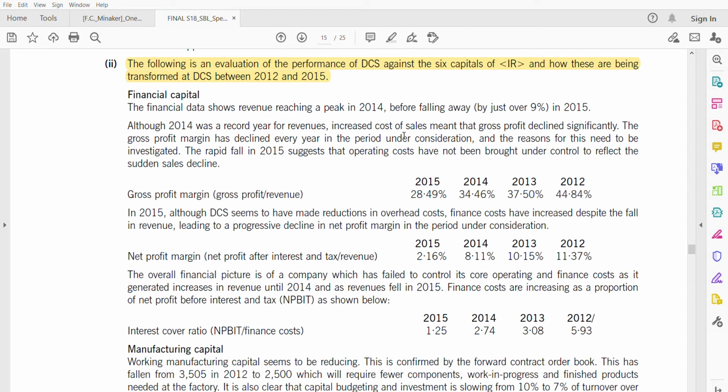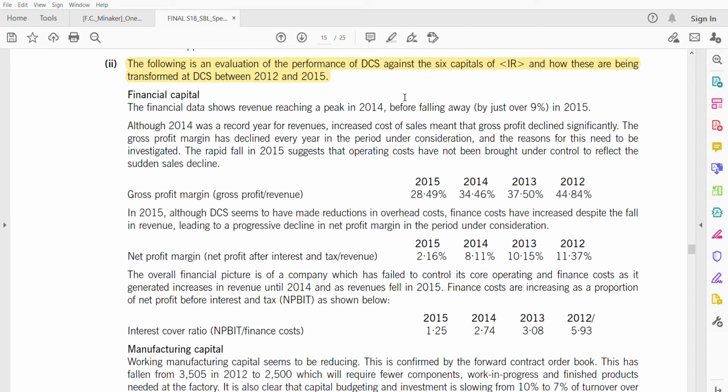With numbers, you can just calculate and write. It's easy to work with numbers. So always try to finish the number part first. That's why here they have started with financial capital. It's your choice, you could work in any way, but I prefer working with numbers. It's easier, and it saves your time towards the end.